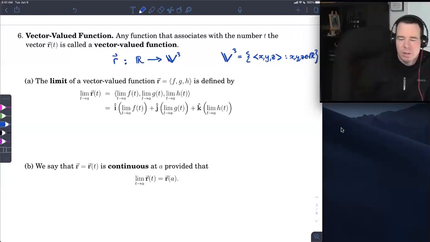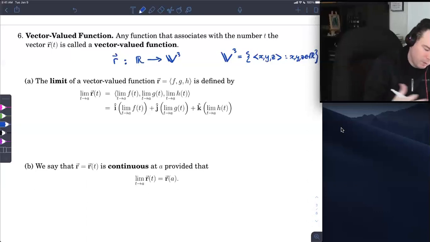It's a distinction that we tend to make in this class, but as you move forward in your mathematics and other courses, you won't really make that distinction apparent. You blend the idea of R3 and V3 together. It's not such a big deal, but here we'll make the distinction between angle brackets and round brackets.